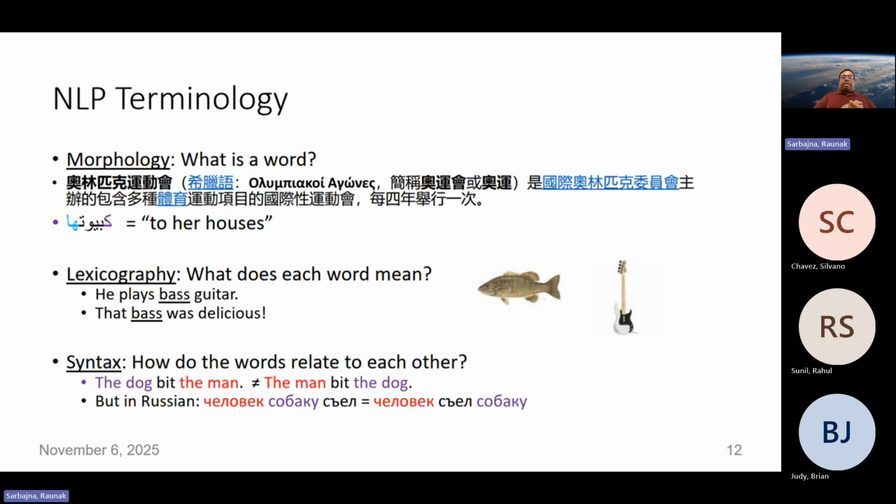So there are 5 or 6 different terms that are very common in natural language processing. If you're creating your own LLM, these words are going to come up lots of times: morphology, lexicography, syntax, syntactical reasoning, semantical reasoning, discourse.